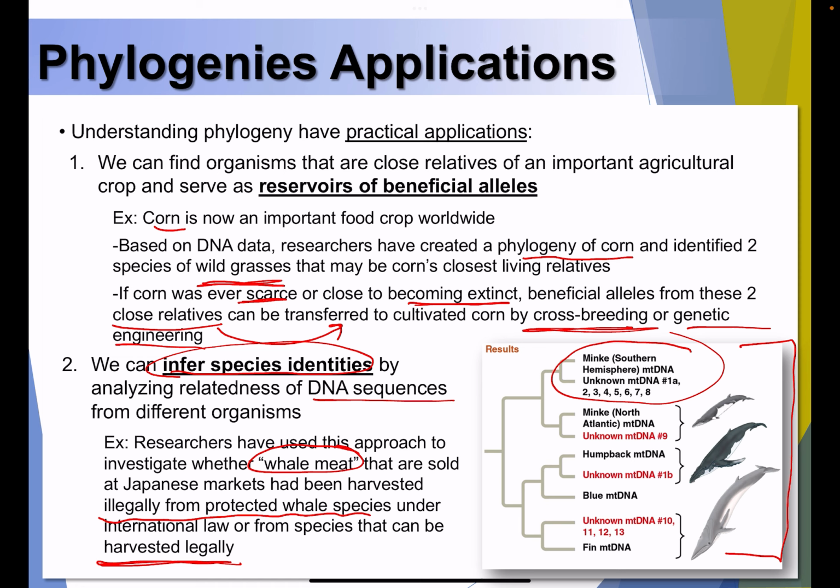Now, if no one had bothered to spend the time and effort, because this is a lot of work and probably money, to sequence these whale meat samples, no one would have known that some of these markets were doing some shady business.